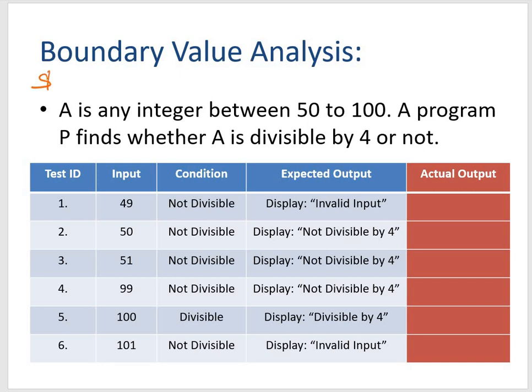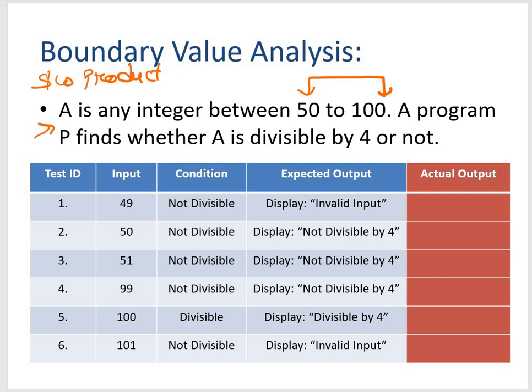Now let's take one example so that things will be much clearer in this case. We have, let's say, a small program, or a software product, where A is any integer between 50 to 100, right?